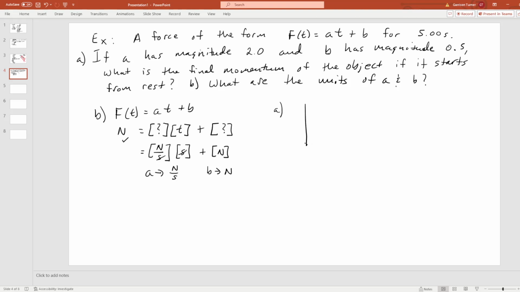So we're not told to start our stopwatch at 0, but we might as well. So if I start my stopwatch at 0, let's get rid of that almost minus sign looking thing.